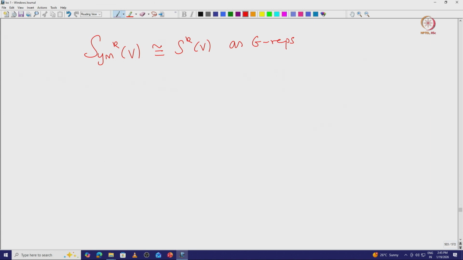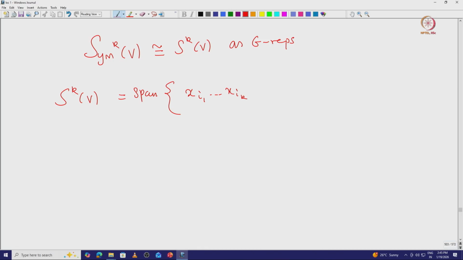Now, look at what happens to the eigenvalues of the Sym^k V. We have already seen what the basis will be. If we take S^k V, this is indeed spanned by small xi_1 etc. xi_k.